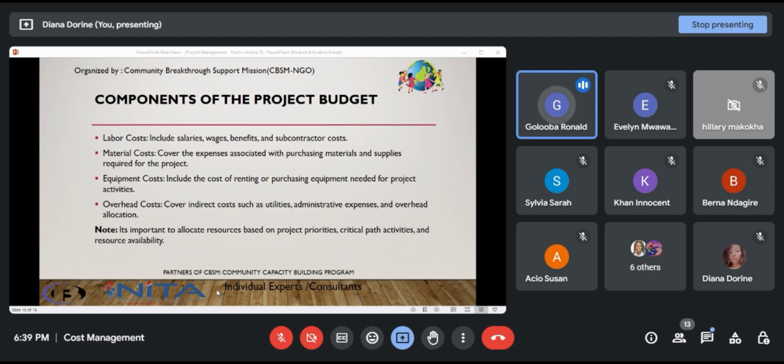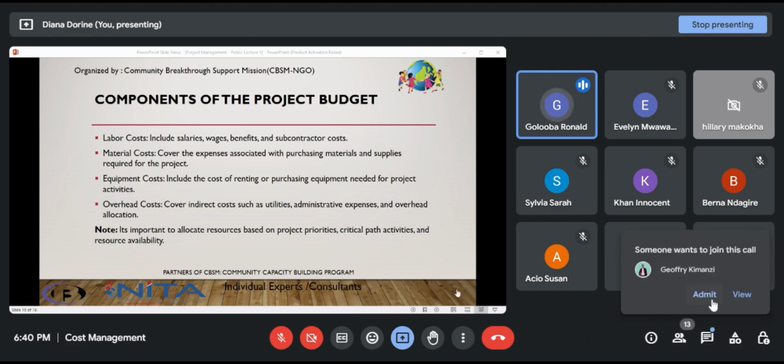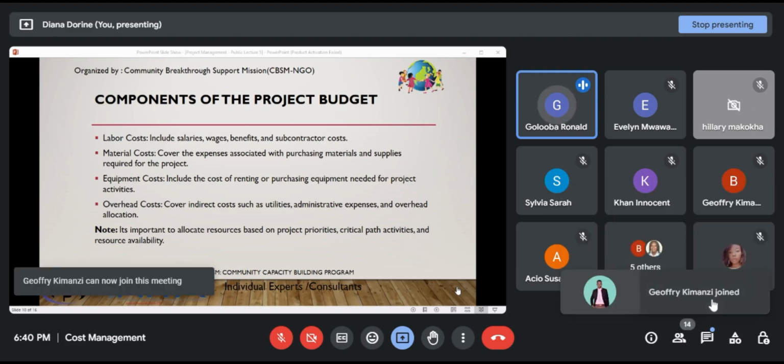And then you're also looking at overhead costs if the institution is renting and the like. So basically, those are some of the elements. And while you are budgeting within the budget document, you are looking at these elements, and you are looking at their quantities, how frequent they happen, and the total cost derived for each.